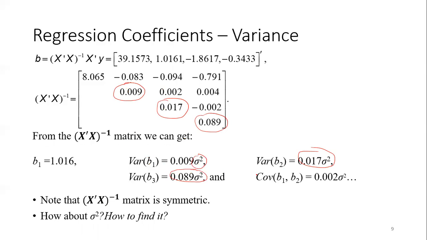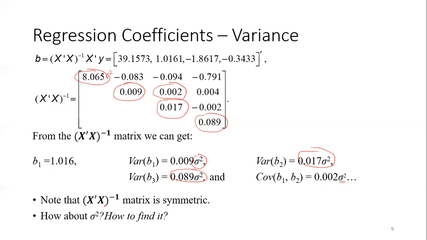The covariance of B1 and B2 is 0.02 times sigma square. The first diagonal element is the coefficient to find the variance of B0: multiplied by sigma square, it gives you the variance of B0.